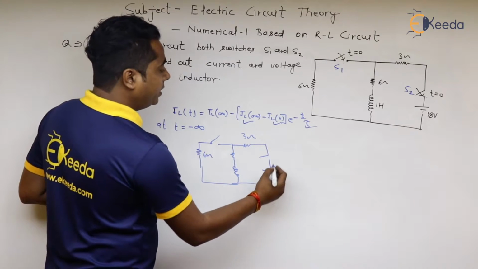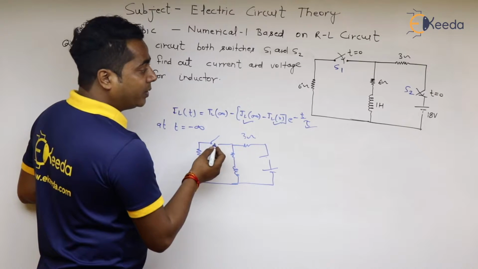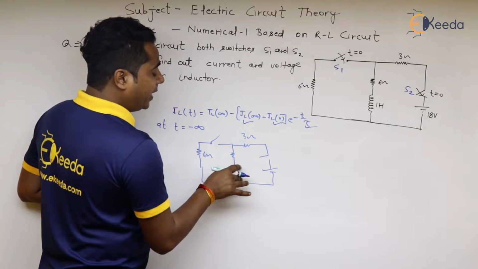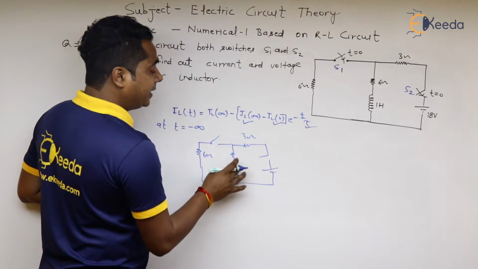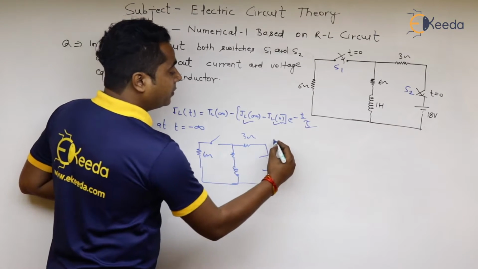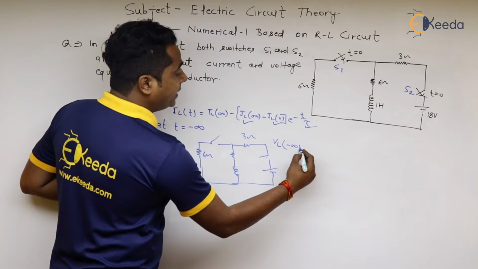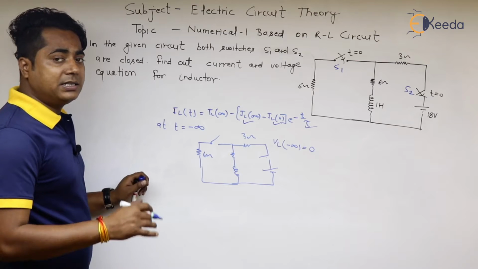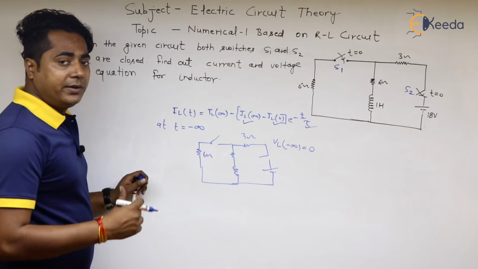If you see, both the switches are open and there is 0 voltage applied across the inductor. So the VL at minus infinity is equal to 0. It means the inductor will be uncharged at infinity.